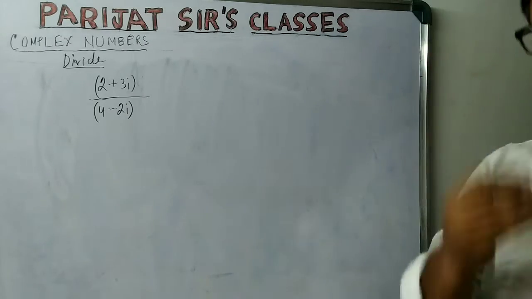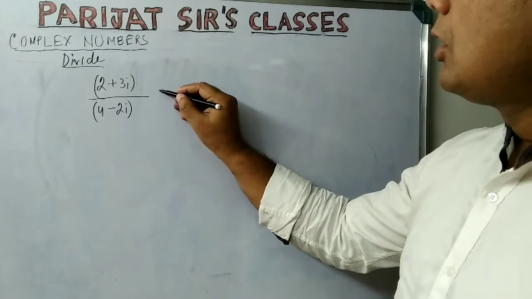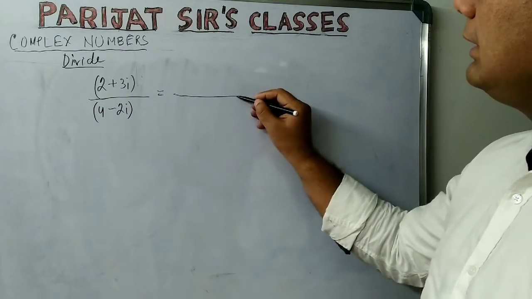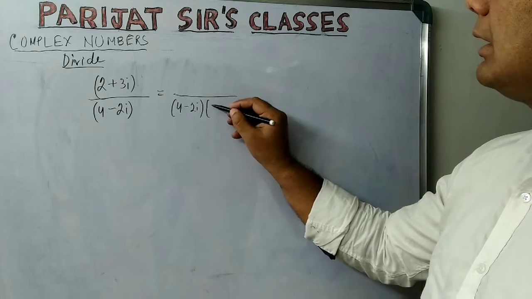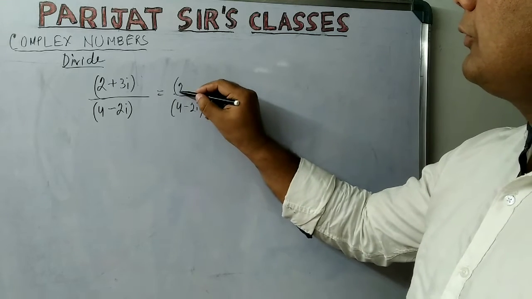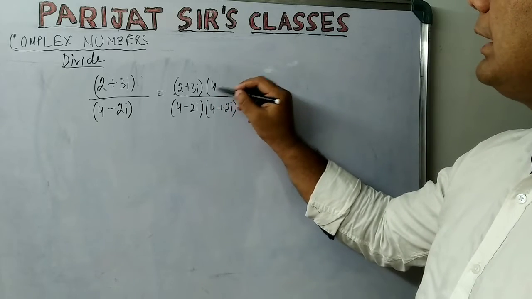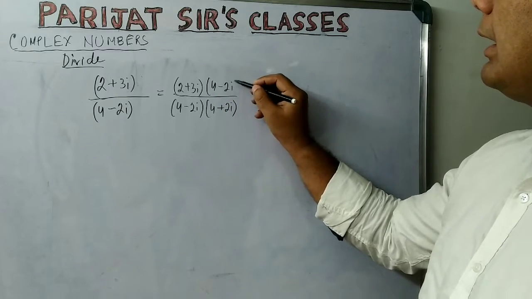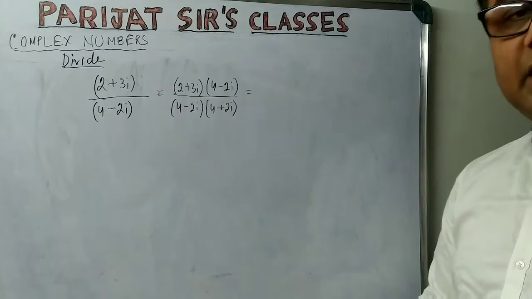These are two complex numbers. See how to divide them. Always rationalize the denominator. So we have to multiply by the complex number with the opposite sign, up and down. Now I already showed you the multiplication.